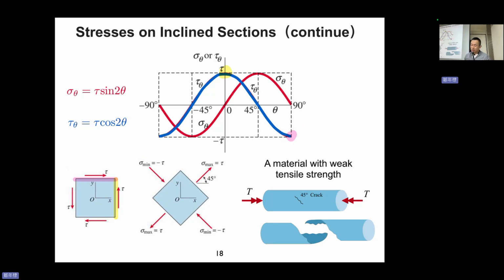Okay, so now you can see how the value corresponds to the diagram. Okay, and 45-degree. How about 45-degree? 45-degree here corresponds to maxima sigma theta, which means that you have maxima normal stress at 45-degree and no shear stress.